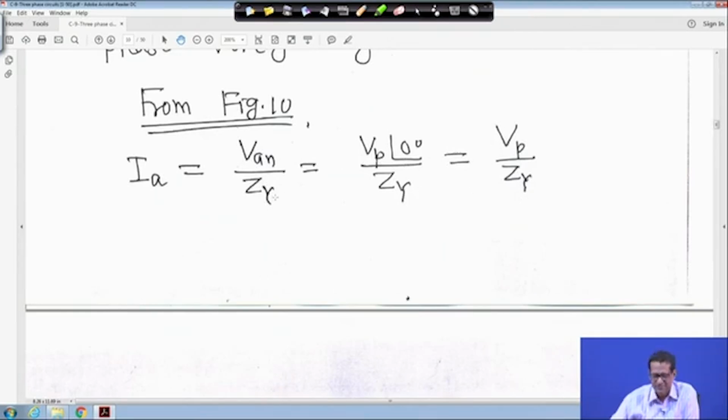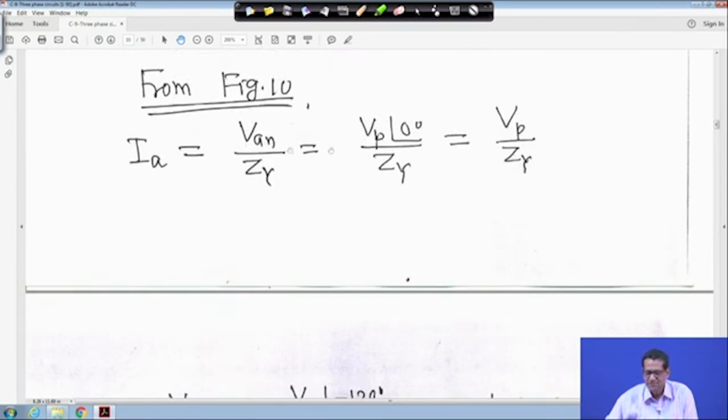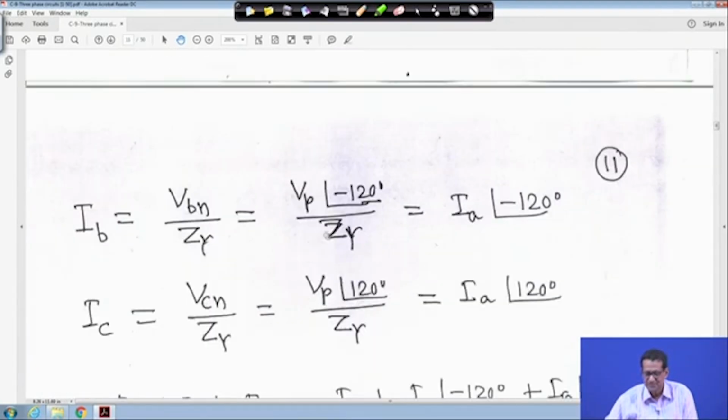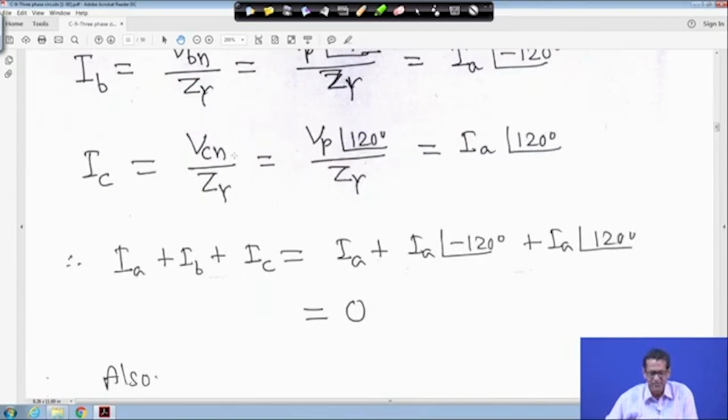Similarly, IB is equal to VBN upon ZY, VBN is VP angle minus 120 degree divided by ZY, and VP upon ZY is IA, so IB is equal to IA angle minus 120 degree. Similarly, IC is equal to VCN upon ZY, equal to VP angle 120 degree upon ZY, and VP upon ZY is IA, so IA angle 120 degree.